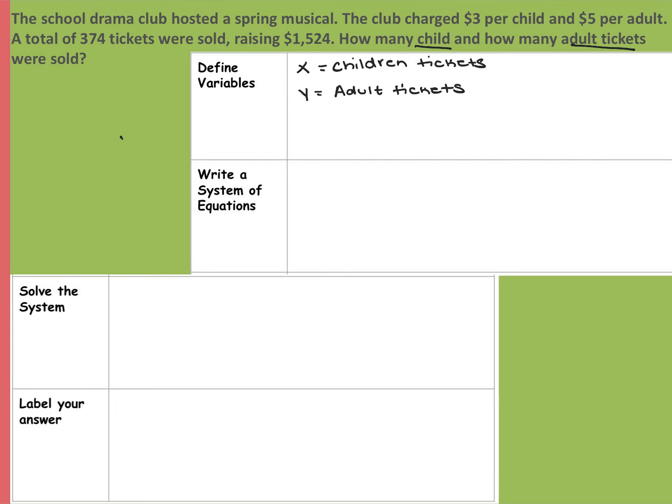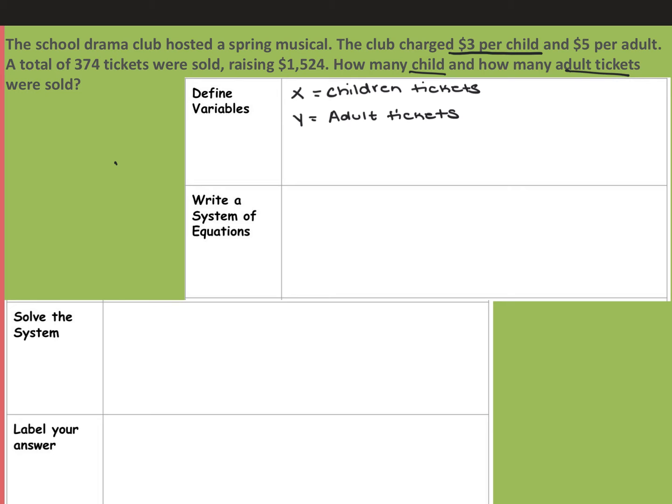All right. So the next part is to write your system. What key information do we need to know? It told us that they charged $3 per child's ticket and $5 per adult. We know that they sold 374 tickets and raised a total of $1,524.